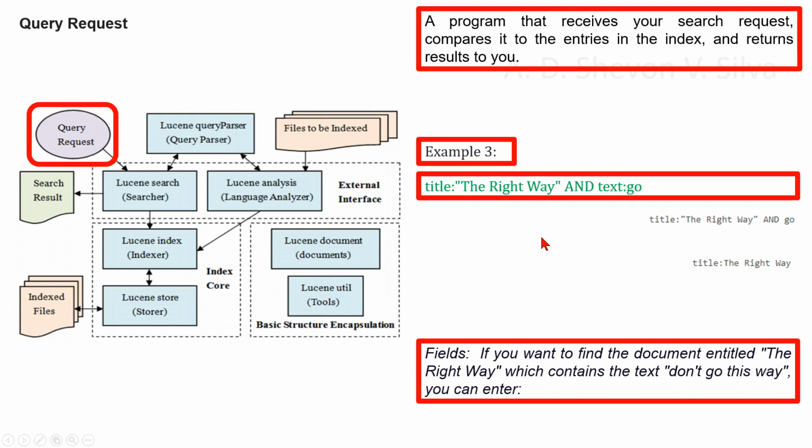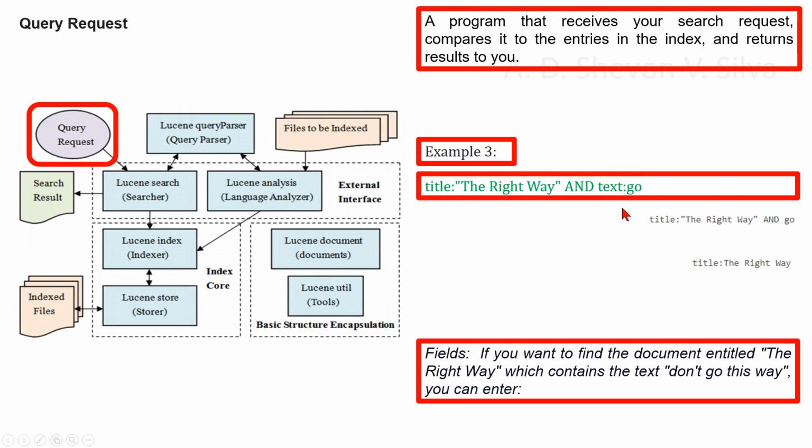You can search any field by typing the field name followed by a colon and then the term you are looking for. As an example, let's assume the Lucene index contains two fields, title and text, and text is the default field.